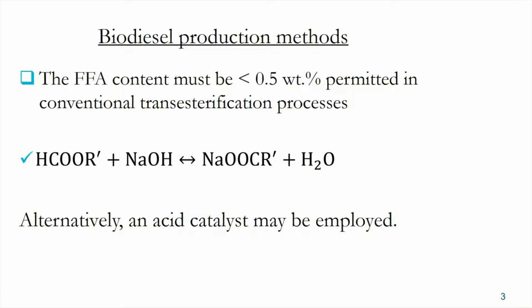In this case, you do not have the same challenge regarding the formation of an unwanted side product, because it's all acids. However, the utilization of an acid catalyst may take a very long time. You may have the process going as much as 48 hours just to produce your fatty acid methyl esters. So, having said this, these are the conventional approaches to produce biodiesel.